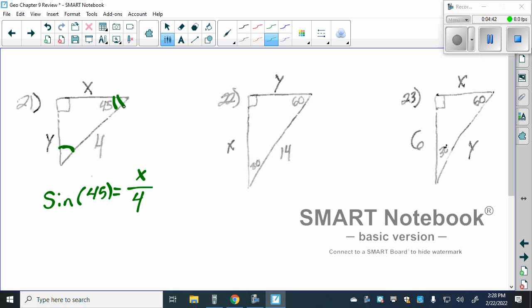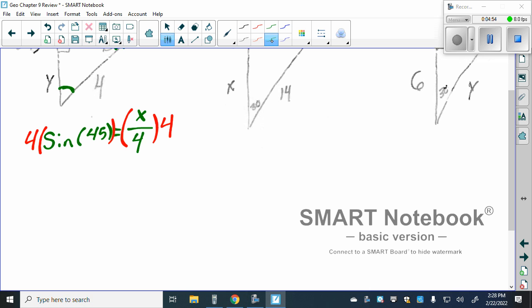But what do we know about x and y in a 45, 45, 90? For this here, they're going to be the same. So at this point, we can multiply both sides by 4, which will tell me that 4 times sine of 45 degrees equals x.